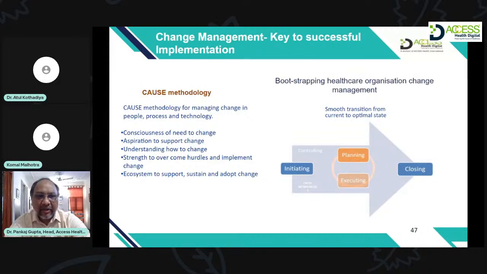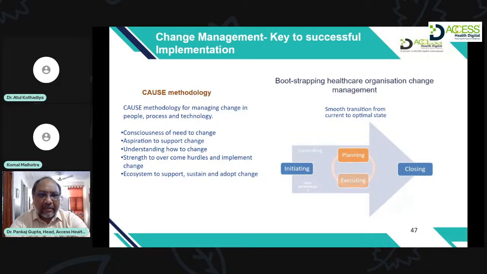The organization needs to be conscious that there is a need to change. Otherwise, everybody will say, why is this being put on us? Why is any new change being superimposed on us? It wasn't really required. So they need to understand that there is a need to change.